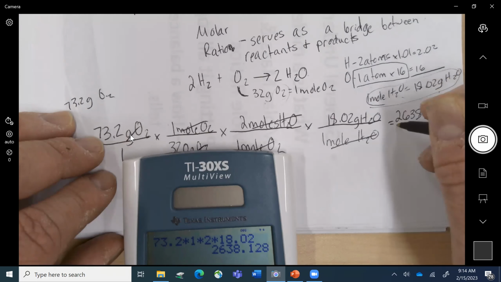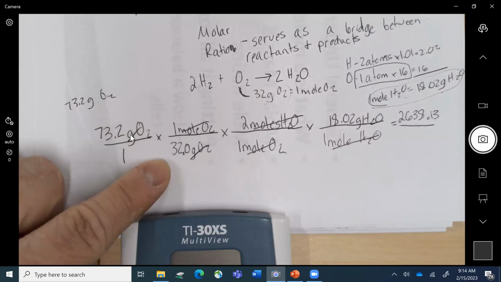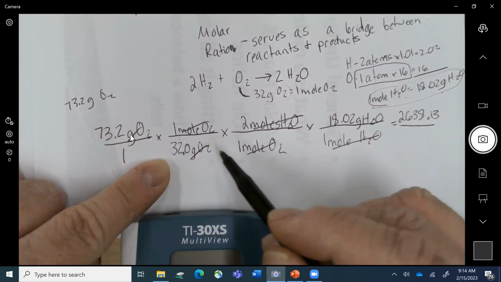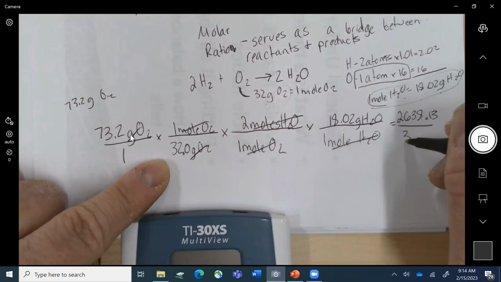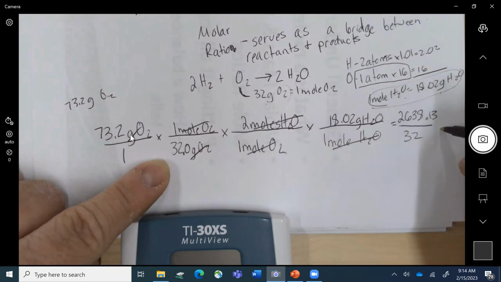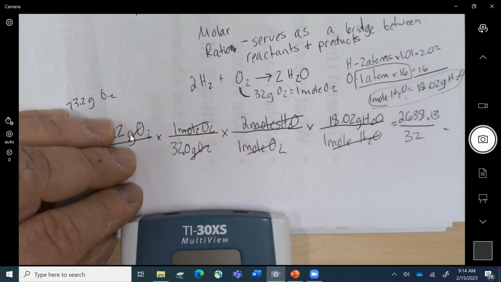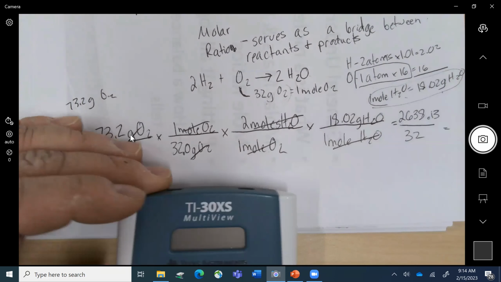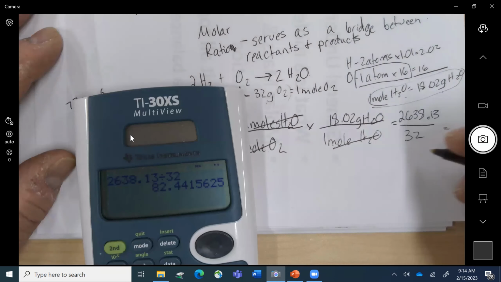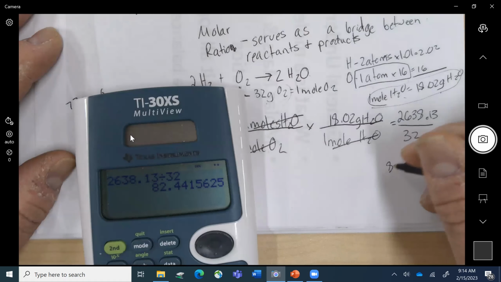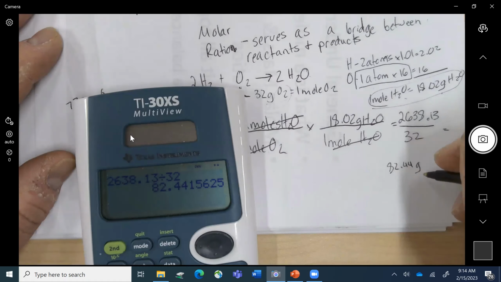And then it's going to be divided by 1 times 32 times 1 times 1, so by 32. And I get an answer of 82.44 grams of H2O will be formed.